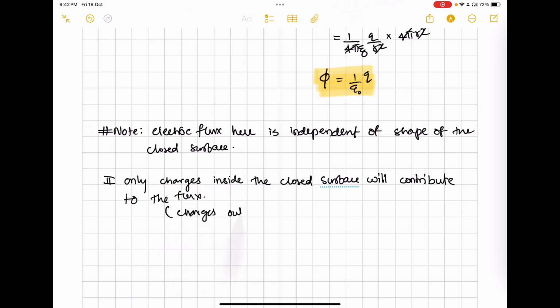Charges outside will not contribute to the flux.